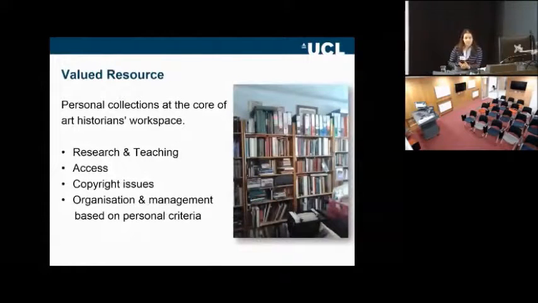Coming back to the personal collections, as I said before, a major part of the literature demonstrated that they had a really important role in the scholarly workflow in art history. So scholars used them both for research and teaching, and sometimes they felt the need of creating big personal collections because of problems they faced when accessing resources, and some other related problems.